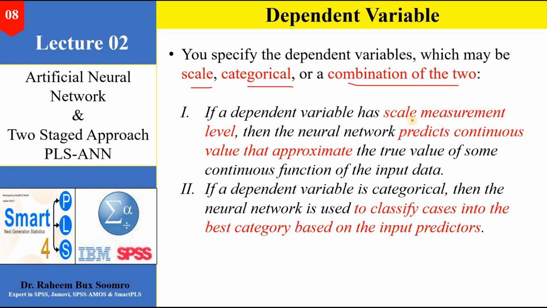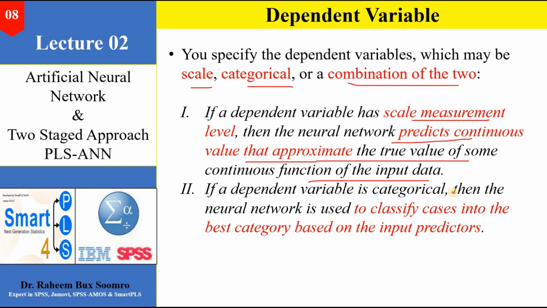If the dependent variable has a scale measurement level, then the neural network will predict a continuous value that approximates the true value of some continuous function of the input. So the software itself will identify the different options available in the input data.